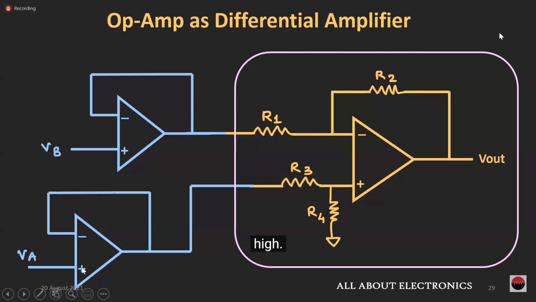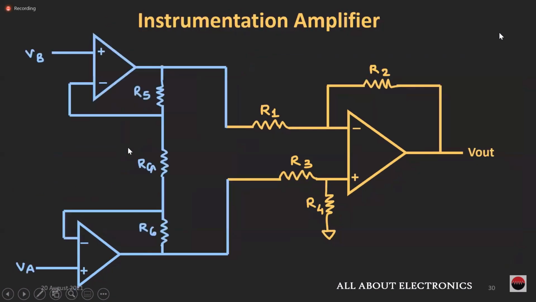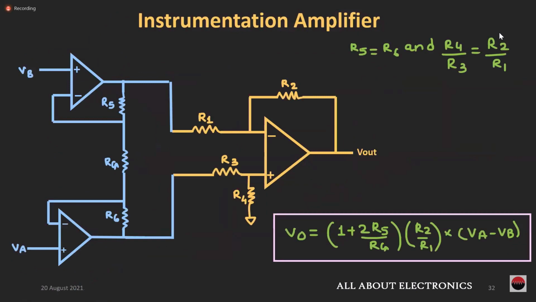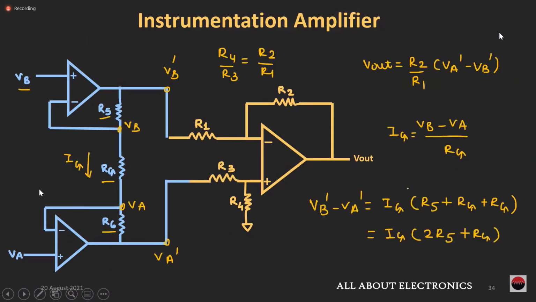So it is a non-inverting amplifier. Here you can see VB is input of the non-inverting amplifier and VB dash is the output. VB dash is input of the differential amplifier.